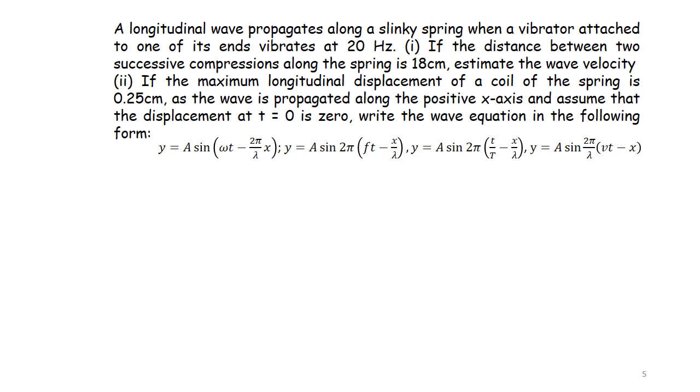If the distance between two successive compressions along the spring is 18 centimeters, estimate the wave velocity. 2. If the maximum longitudinal displacement of a coil of the spring is 0.25 cm, and the wave is propagated along the positive x-axis, and assume that the displacement at t equals 0 is 0, write the wave equation in the following form.